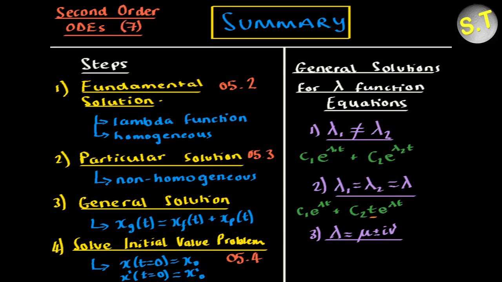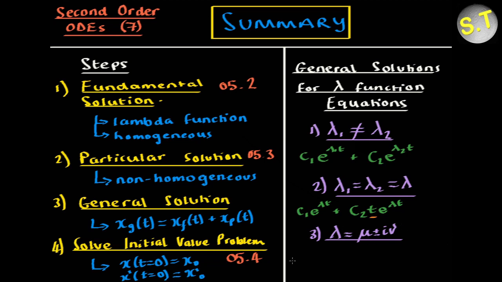And the third and final result that we looked at was the case where lambda is equal to some real value mu here, plus or minus some complex or imaginary value nu here. So this is the result that lambda is just some complex number.